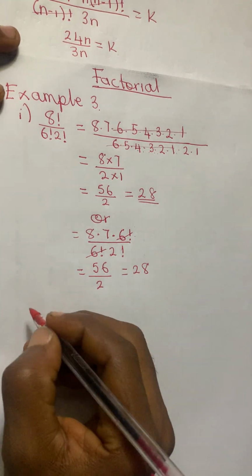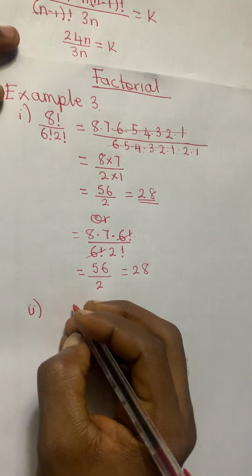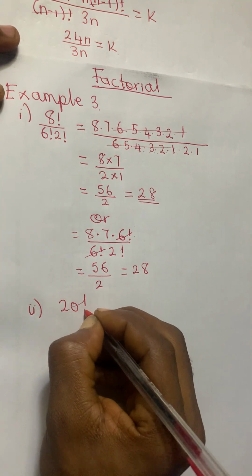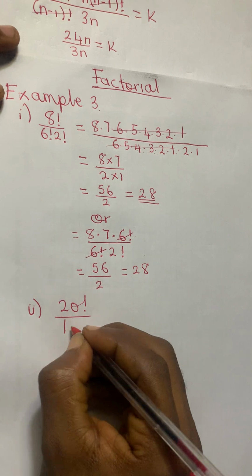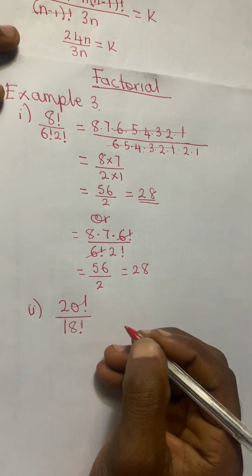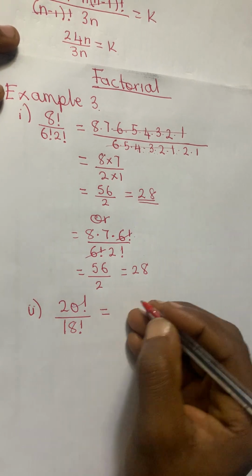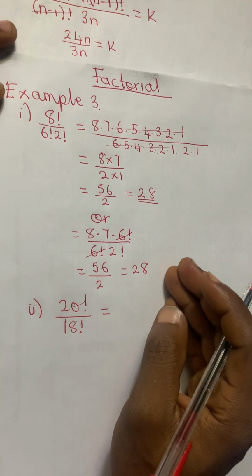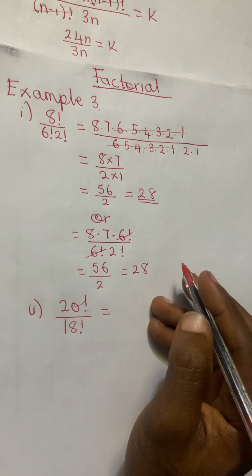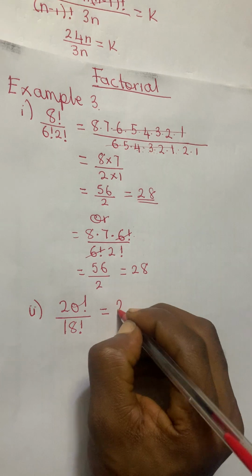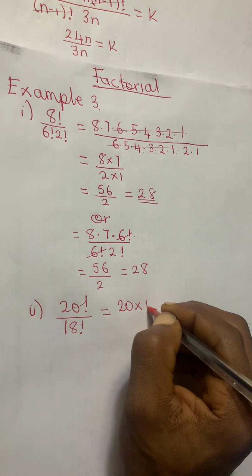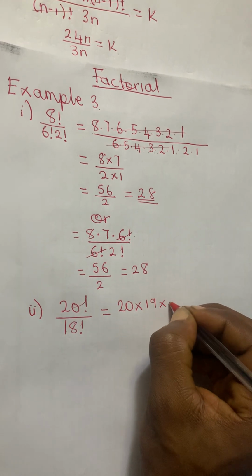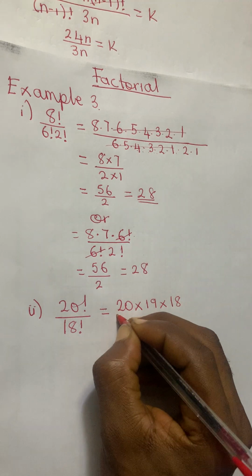Let's take another question. We have 20 factorial over 18 factorial. If you study this carefully, let's deal with a larger number. So 20 factorial will give us 20 times 19 times 18.